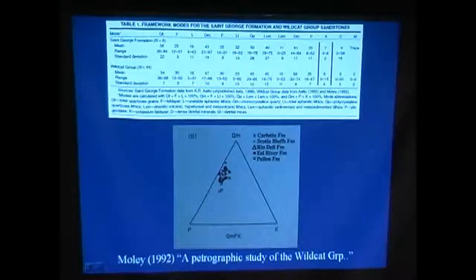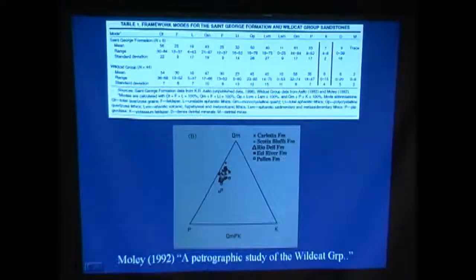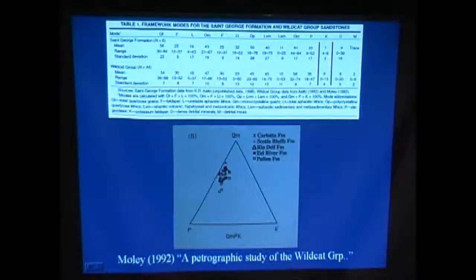And so we got suspicious about the story. Everybody said that the Wildcat group was derived from the Klamaths or Coast Ranges, and we got suspicious of that. Her work suggested there was a more complicated story.